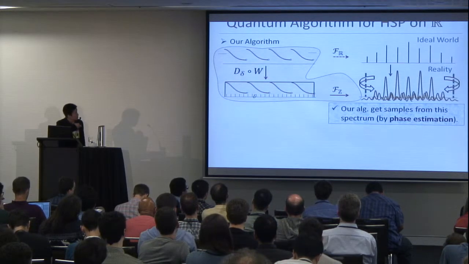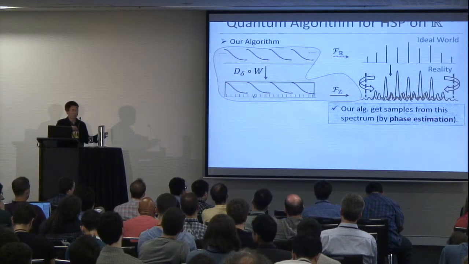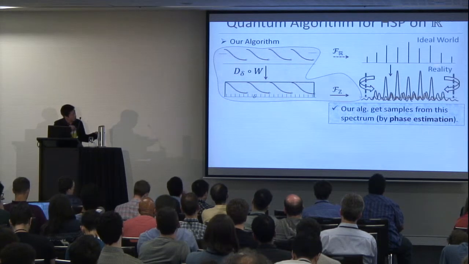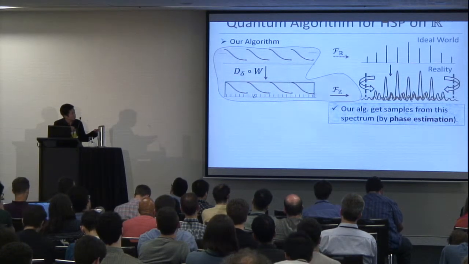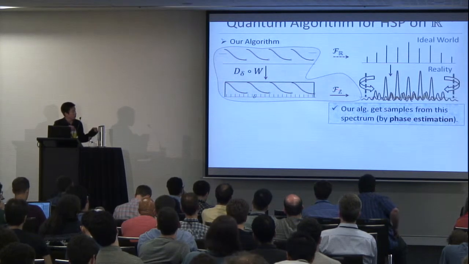This is basically what our algorithm does using a technique called phase estimation. The details about phase estimation are not important here. The whole point is we can sample from this spectrum and hence recover the hidden subgroup.